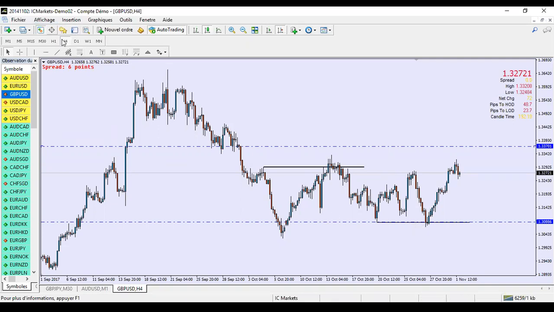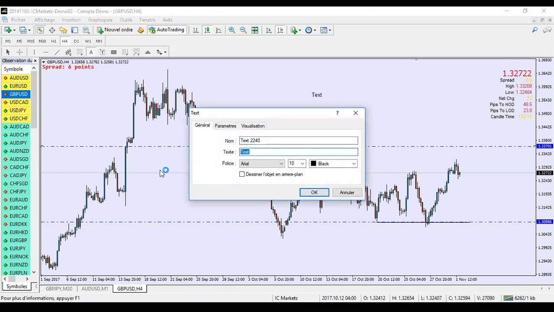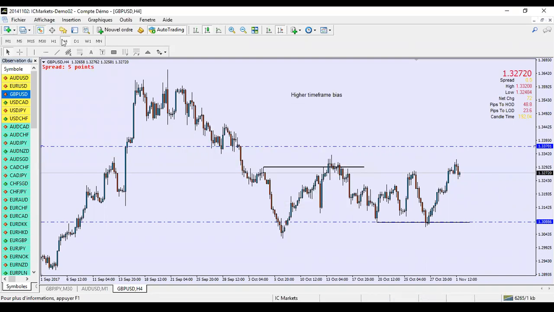Let me write it down because it gets confusing. I'll write it down. So first, higher time frame bias. Second, you have the lower time frame rejection.